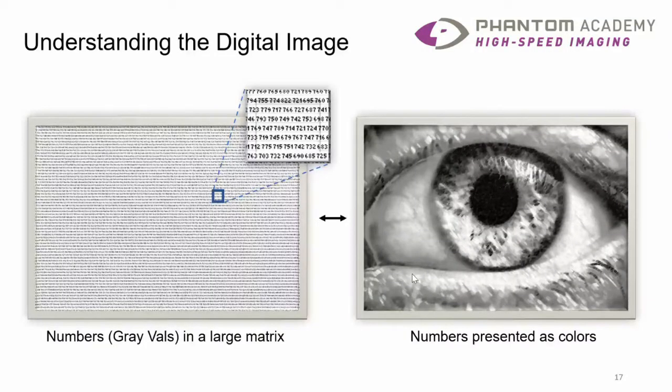Before we jump into any sort of coding or demo scripts, let's first understand what a digital image is. Now, for us, we understand a digital image as depicted on the right-hand side. This is a picture of an eye, and it's represented in shades of grayscale values. On the left-hand side, you see the same exact image, but represented in the form of a matrix of numbers.